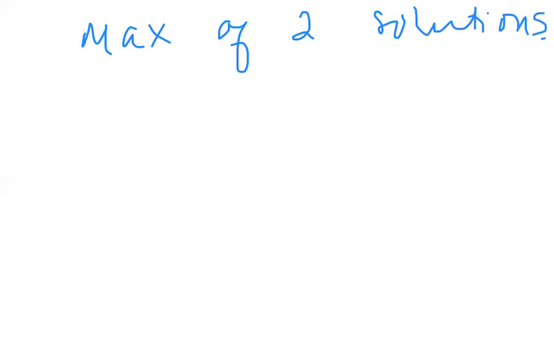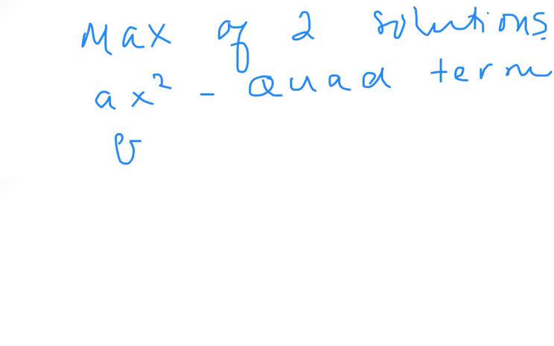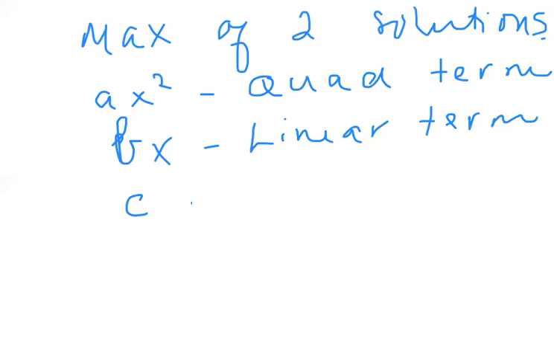Now, ax squared is considered the quadratic term. And then bx is considered the linear term. Additionally, we have the c value, which is considered the constant term.